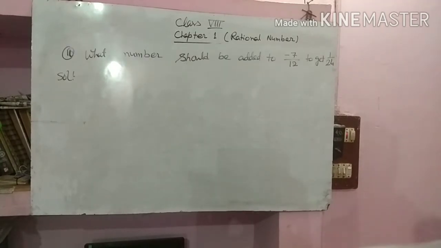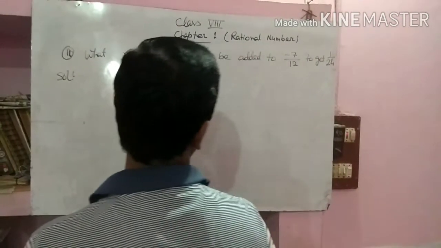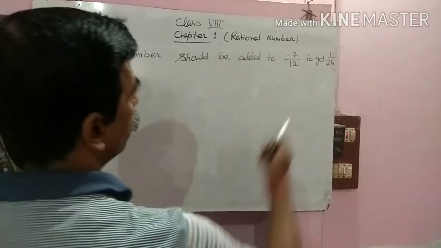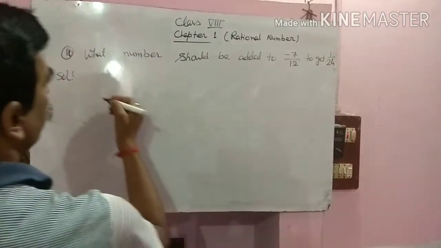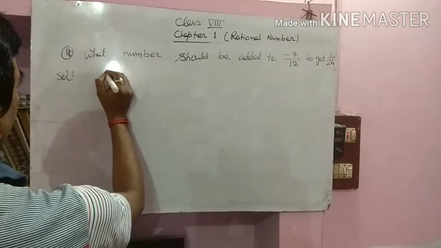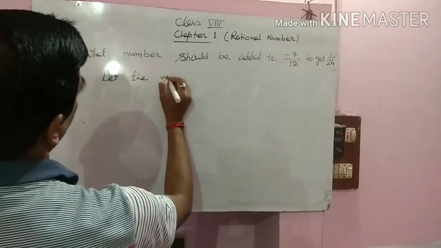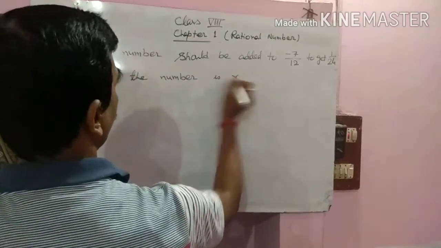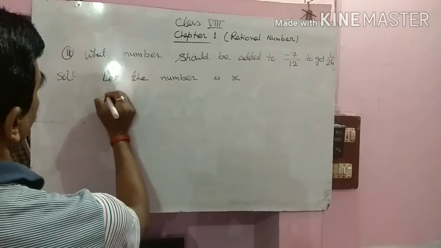The next question is, what number should be added to minus 7 by 12 to get 1 by 24? So the unknown number we have to add with minus 7 by 12. So you can write that one: let the number be x.